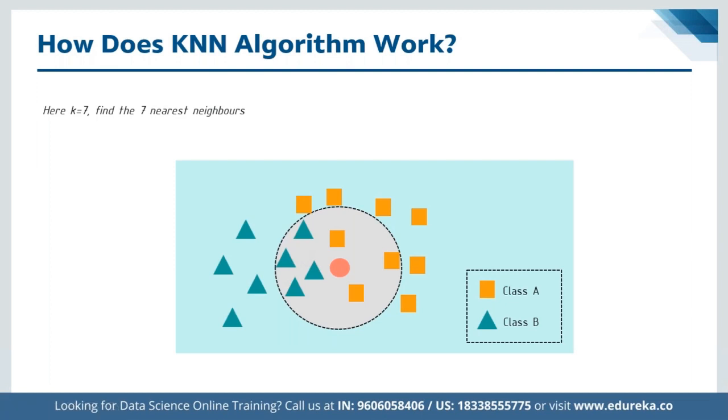So essentially, this prediction changes, as you can see here, depending on the K value. Therefore, the question is, what should be the value of K? Typically you run a trial and error and come up with the best K value.